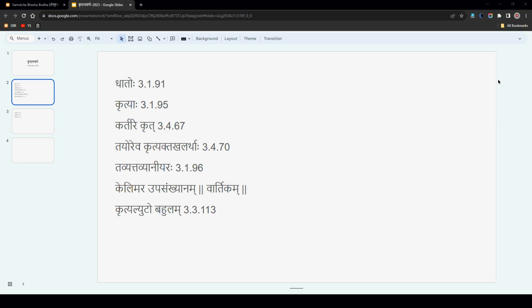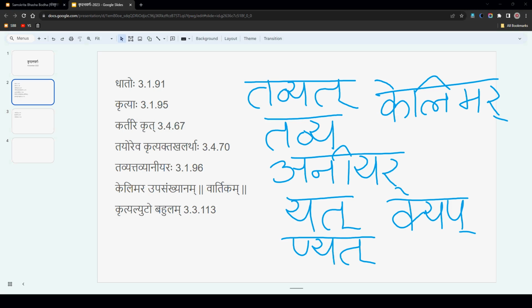Okay, the next one is Kartari Krut. This Sutram 3467, Kartari Krut, says Tavya and the others are part of Krutyaha.